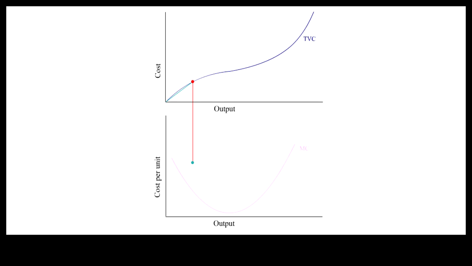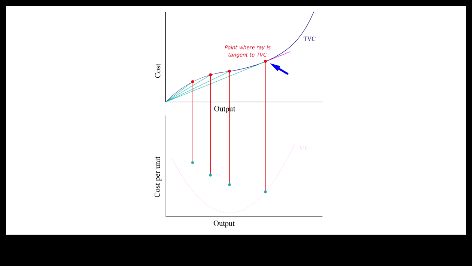Given the inverted S shape of TVC, AVC first decreases until it reaches the point on TVC where the ray from the origin is tangent to TVC. Afterwards, the slope of rays from the origin to TVC starts to increase, giving AVC a U-shape.